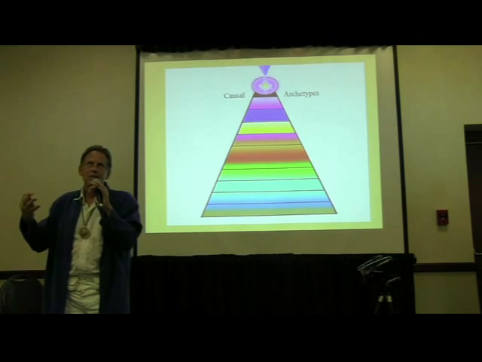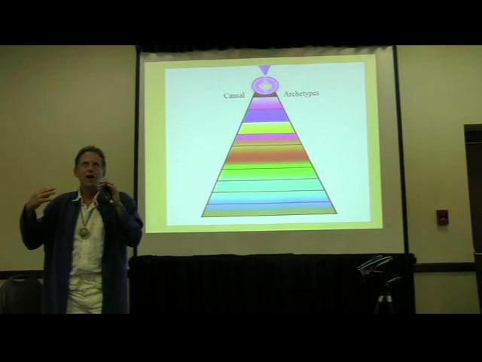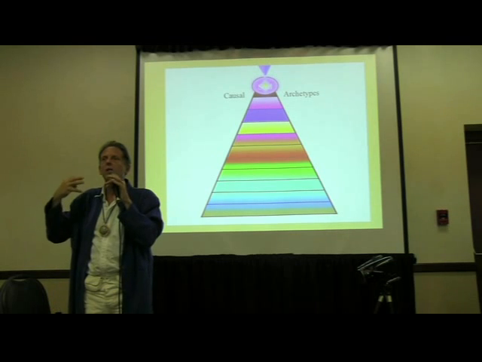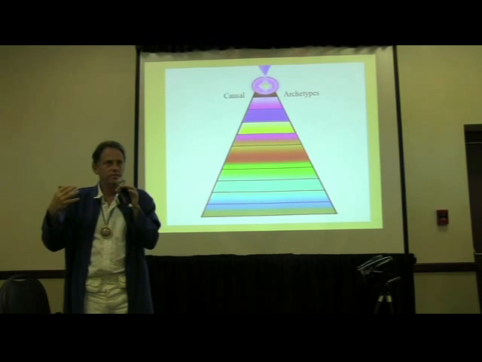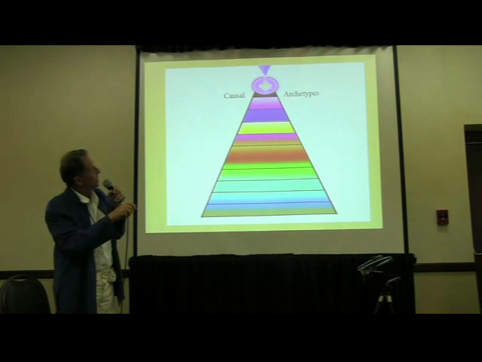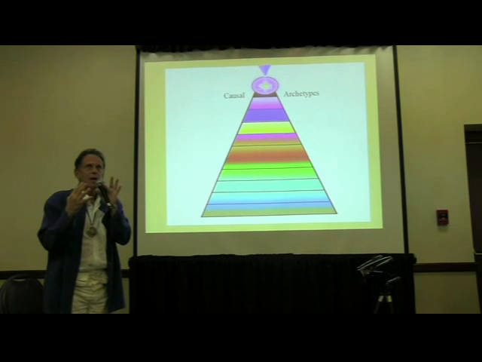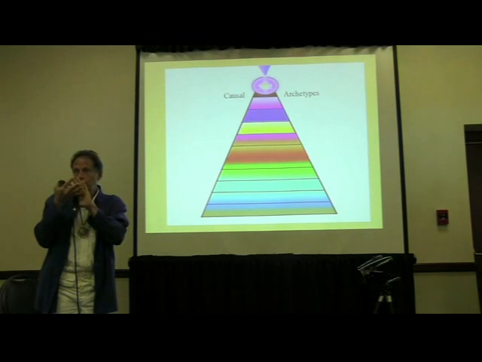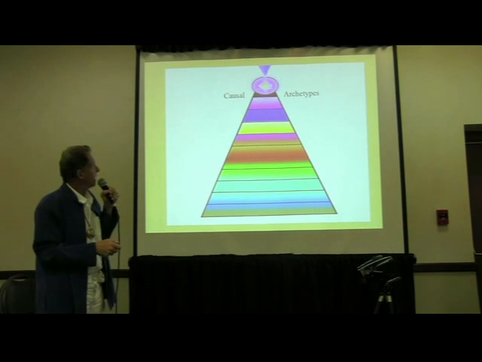I would describe this as God thinking and starting to make up the universe. Anyway, we call them causal archetypes, and these would be the blueprints, the actual blueprints for what's going to come next.